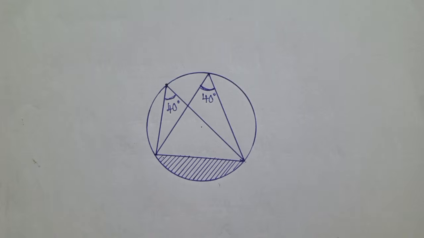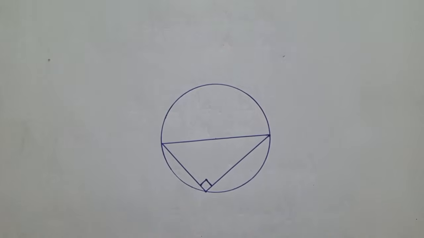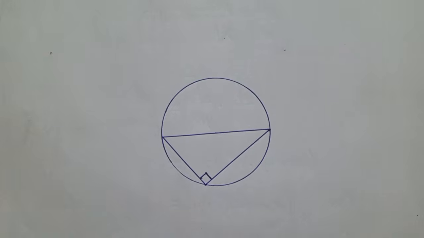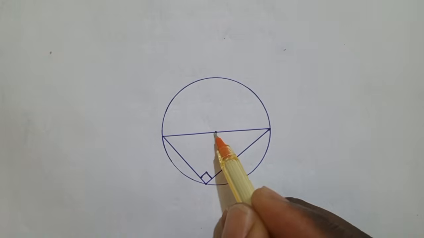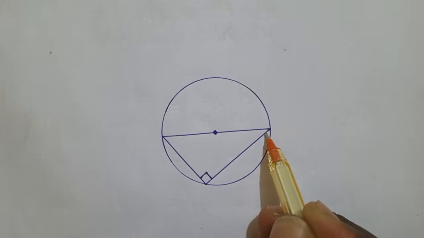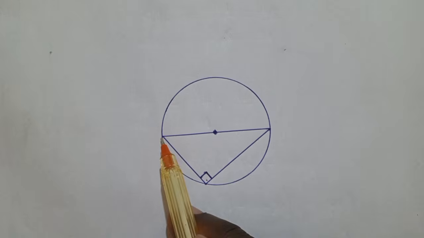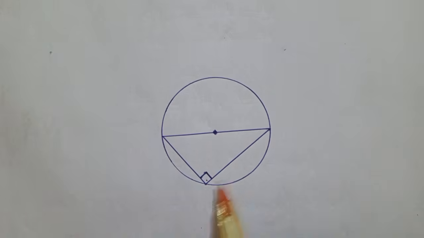The next property which we need is right over here. A triangle that is formed inside the circle and it passes through the center. This side of the triangle is always 90 degrees. For as long as it's passing through the center, this is 90 degrees.